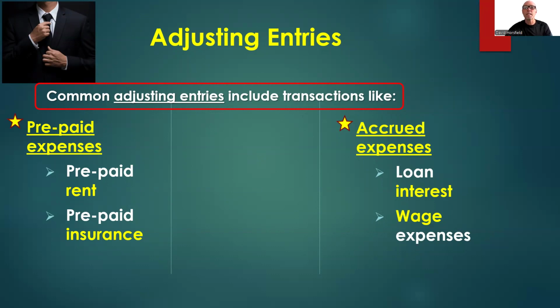Or accrued expenses, like where the bank has been billing us for loan interest, but we haven't yet paid them that loan interest. Or wage expenses, where our employees have been clocking in and they're paid every 2 weeks. So every day up through that 2-week period, we're accruing an expense, but we haven't actually yet paid it. So categories: prepaid expenses and accrued expenses.